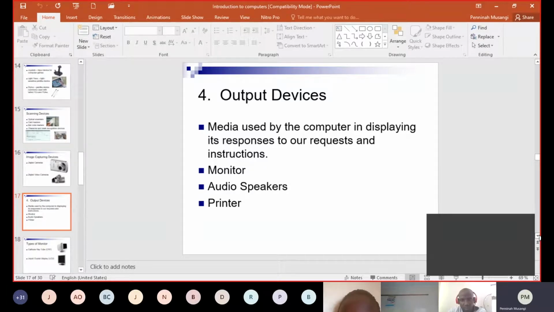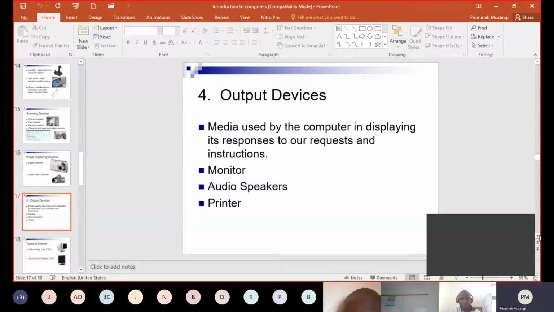The output devices translate data or instructions from the computer into a form a human can understand. The media used by the computer to display responses to a user request and instruction is what is called an output device. These include the monitor, audio speakers, and printers.